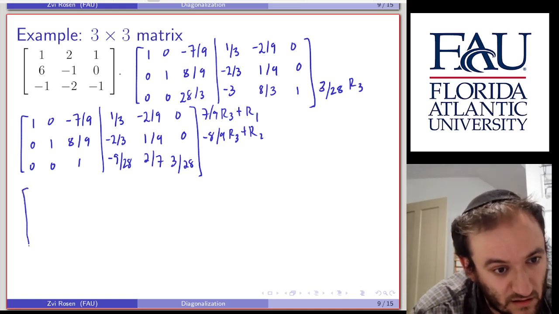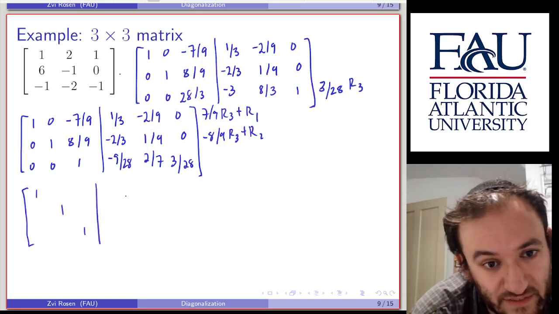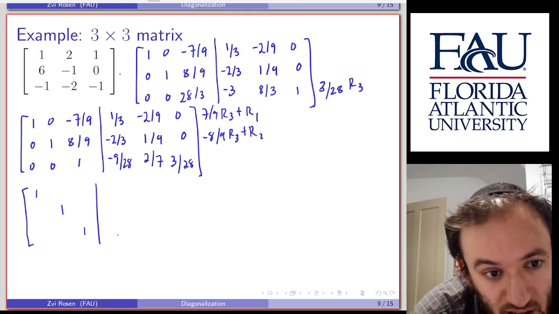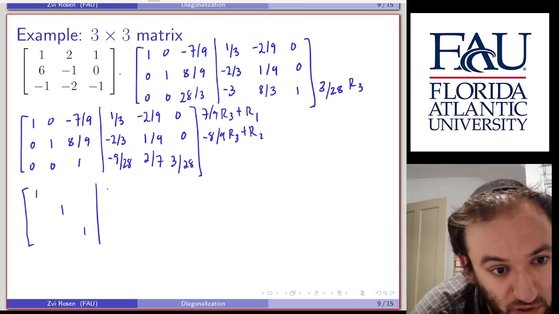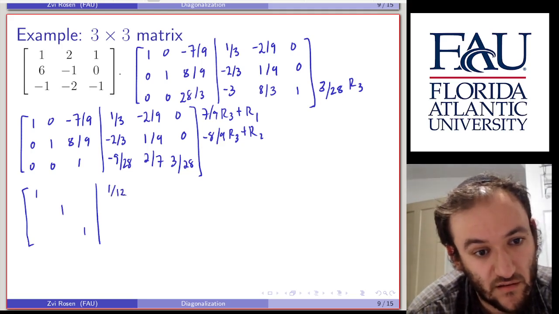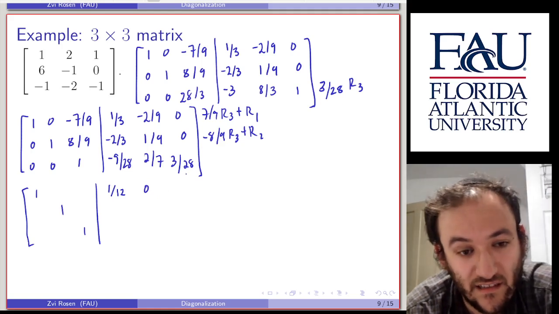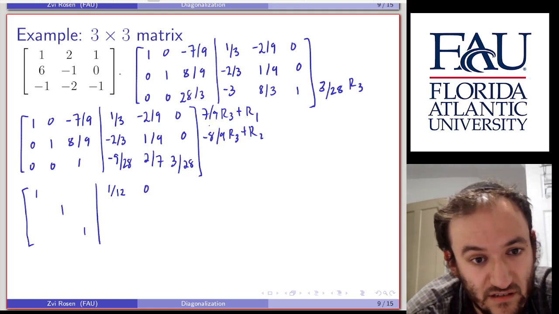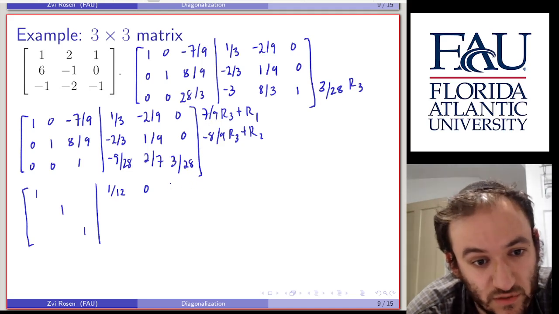And that will give us our lovely identity matrix on the left, and in the right-hand side we get minus 9 over 28 times 7/9 is minus 7 over 28, which is minus 1/4, plus 1/3 is 1/12. 2 over 7 times 7 over 9 is 2 over 9, plus minus 2 over 9 is 0. And 7 over 9 times 3 over 28, we have a cancellation of 3's and 7's, so we get 1/3 times 1 over 4, so that's 1/12.